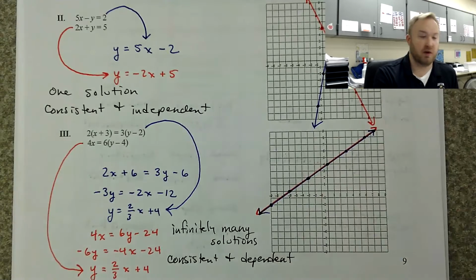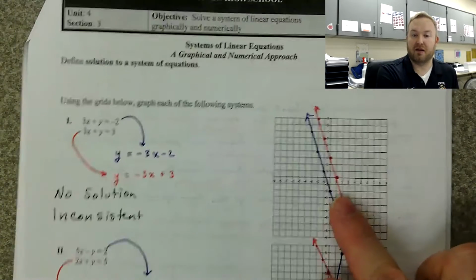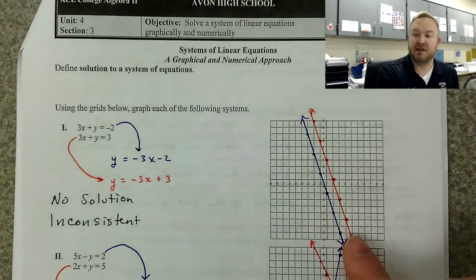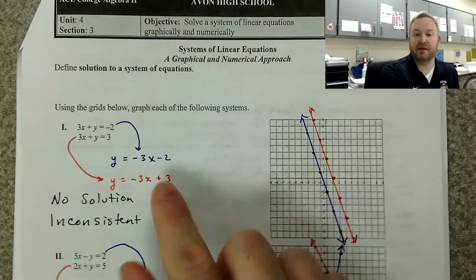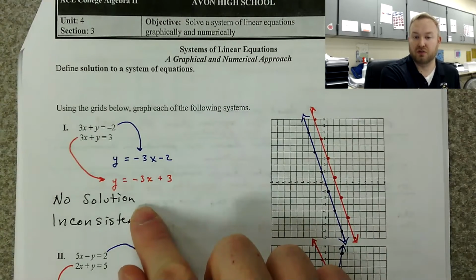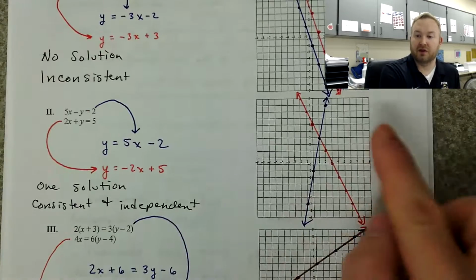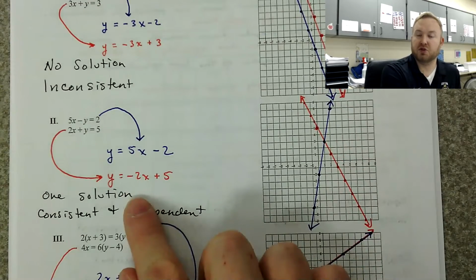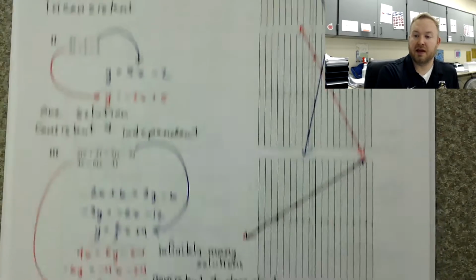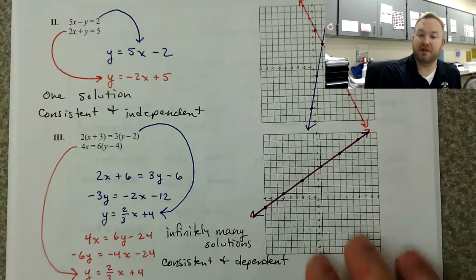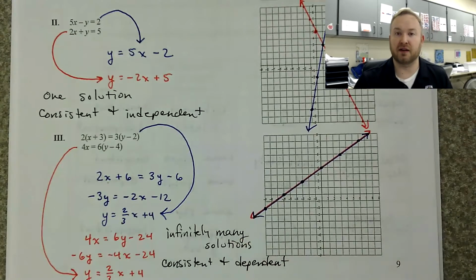If your lines are parallel, there is no point in common, so this system has no solution. If your lines intersect once, then obviously there's one solution. If your lines fall right on top of each other, there are infinitely many solutions.